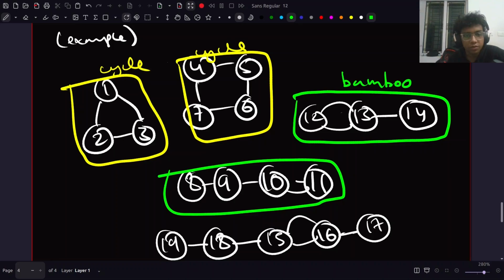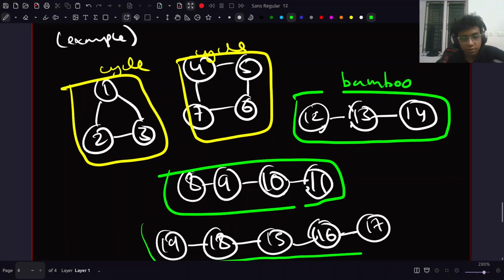Why is it bamboo? Because it's like a straight line. I mean, this is not a cycle technically, right? When you represent it in an adjacency list, this will be counted as only one edge if you represent it as an undirected graph. So this is the line or the bamboo case.